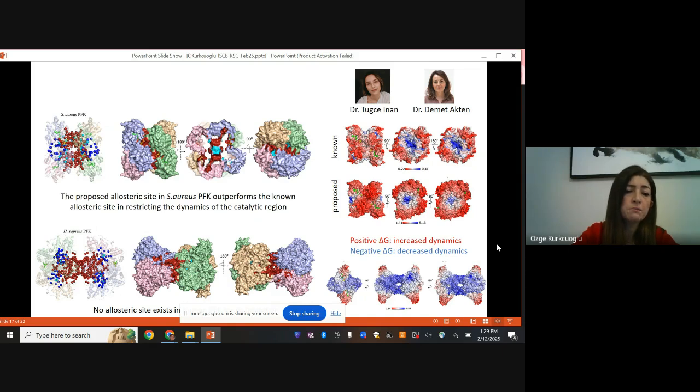When a perturbation is made at the potential allosteric site, the dynamics of the catalytic region was noted to be restricted, which means ligand binding from the proposed site may have an allosteric effect on the enzyme. And for the human phosphofructokinase, no allosteric sites leading to this type of dynamics were found. Again, I'm mentioning that we were concentrating on species-specific regions.